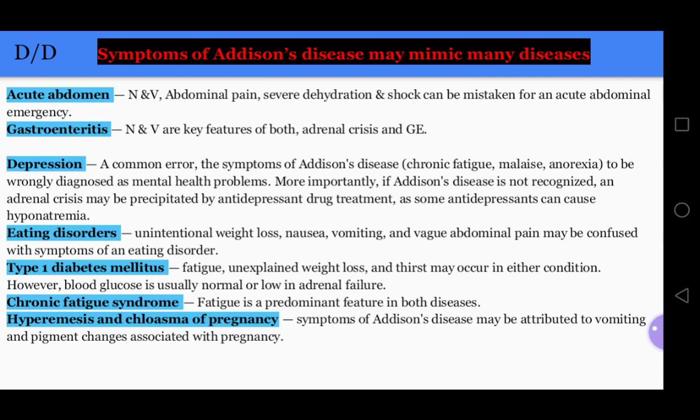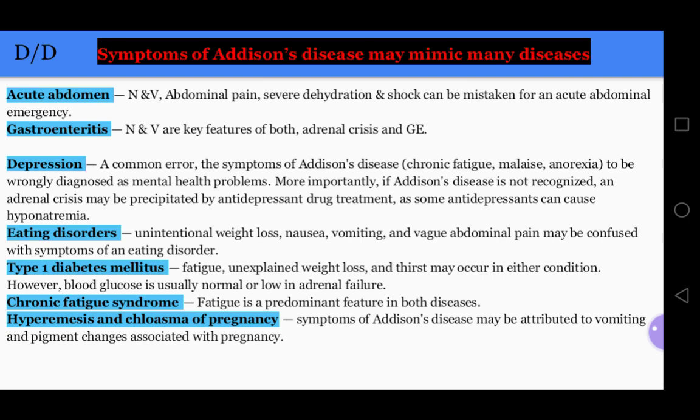An important thing is that symptoms of Addison's disease may mimic many other diseases which should be kept in the differential diagnosis. For example, acute abdomen, gastroenteritis, depression, eating disorders, type 1 diabetes mellitus, chronic fatigue syndrome, and hyperemesis and chloasma of pregnancy.